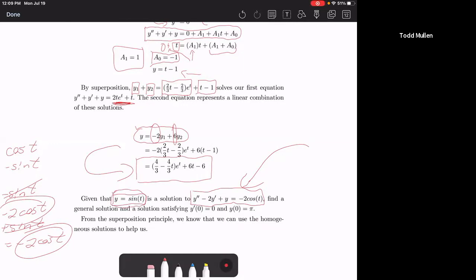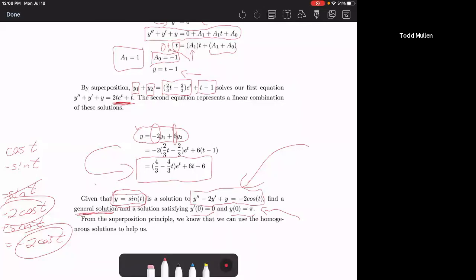But given that, we're asked to find a general solution and a solution satisfying these initial values. y prime of 0 is equal to 0, and y of 0 equals pi. So first, we need to understand what it's even asking us. Before we get into the exact particular solution based on these initial values, we've been asked to find a general solution.